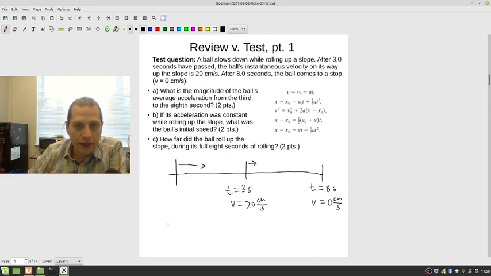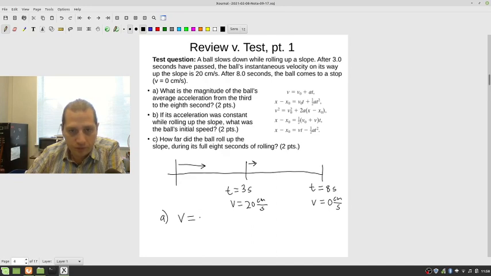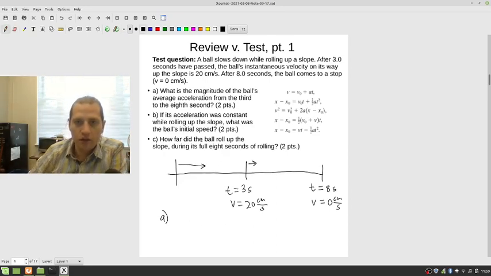Part A asks, what's the magnitude of the ball's average acceleration from the 3rd to the 8th second? Well, you would go V equals V naught plus A t. Actually, I would not. That's maybe not the best way to do it.